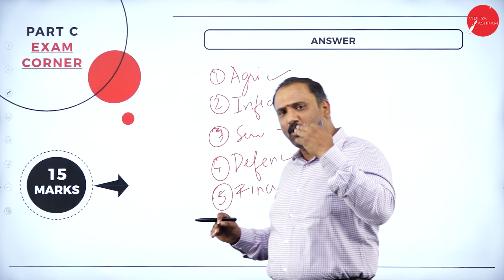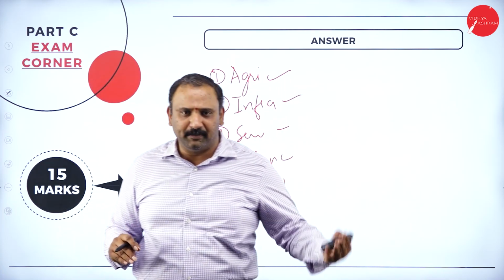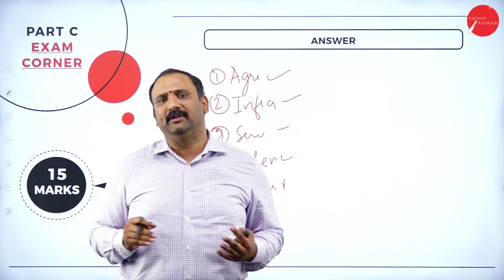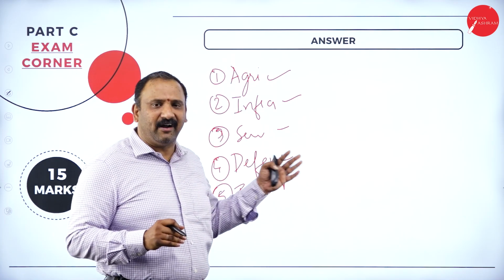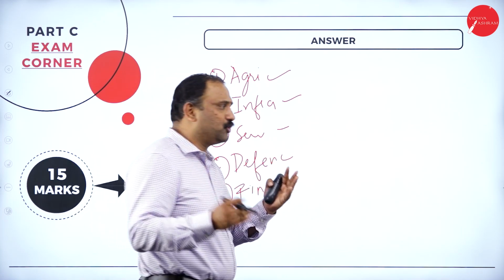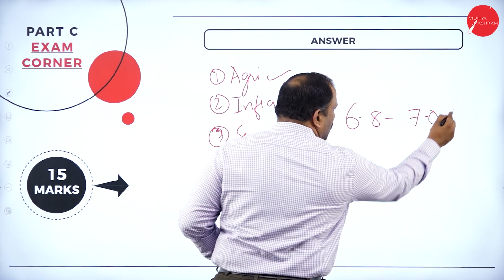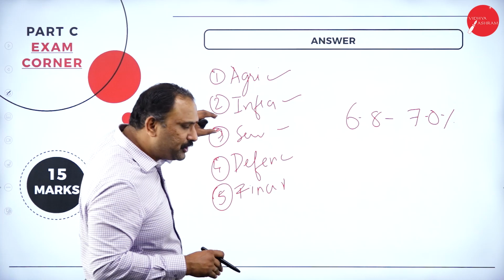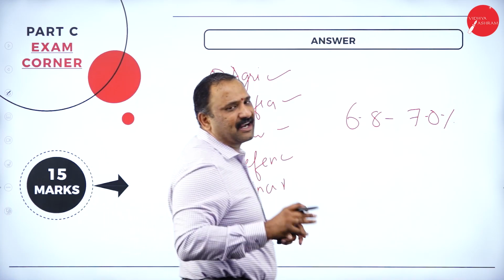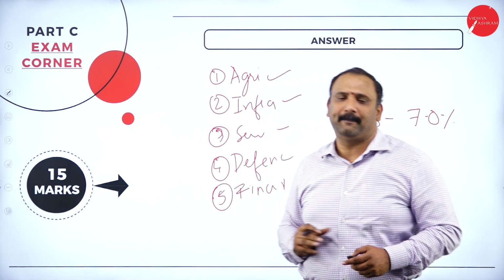In fact, we have overtaken some of the largest economies like Japan, Germany, and the UK, and we are now the third largest economy in the world, and our GDP is also growing at about 6.8 to 7%. So all these factors you can put into the answer in order to prove very clearly that India is definitely a developing nation.